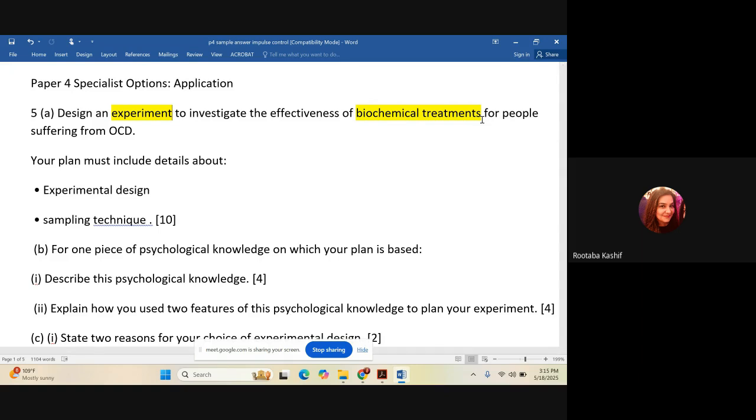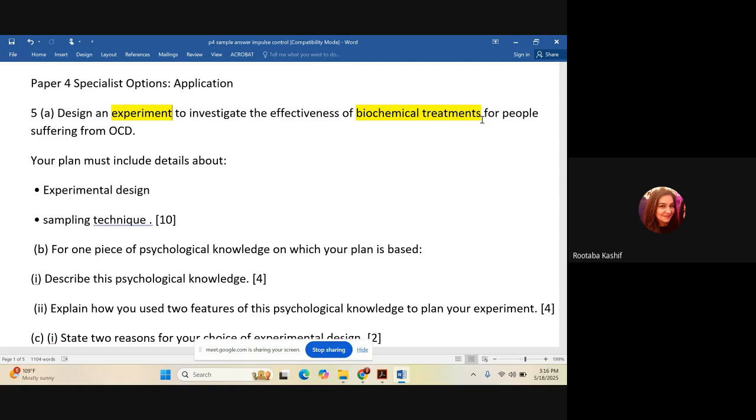They would be medication, right? And what type of medication should be given to people who have OCD? The important thing to note here is that you need to learn the content, which basically means everything about the topic. Otherwise, you will not be able to do the question well.